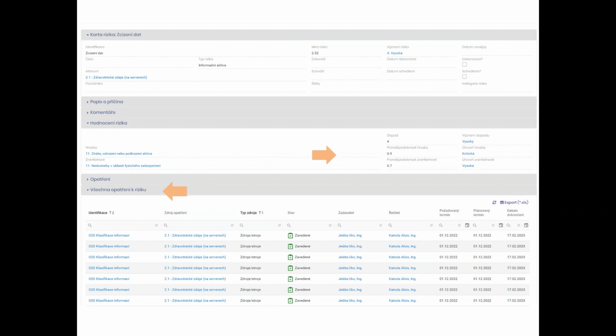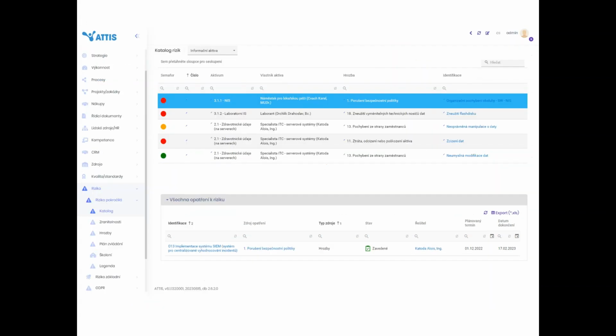Furthermore, the potential impact of the risk on the key functions of the organization is evaluated. ATTIS then automatically calculates the level and significance of the risk. All risks are clearly displayed in the risk catalog. The significance of risk is visualized in the form of a traffic light. For each risk, all measures aimed at managing it are also displayed.